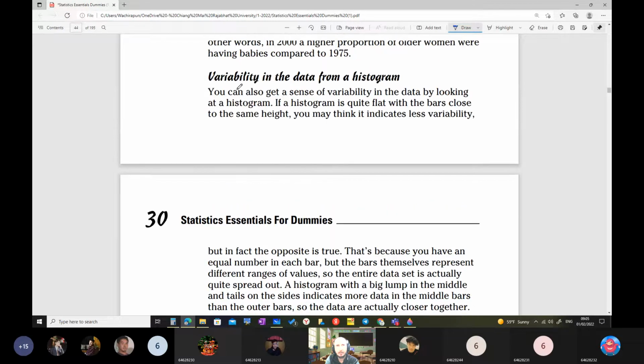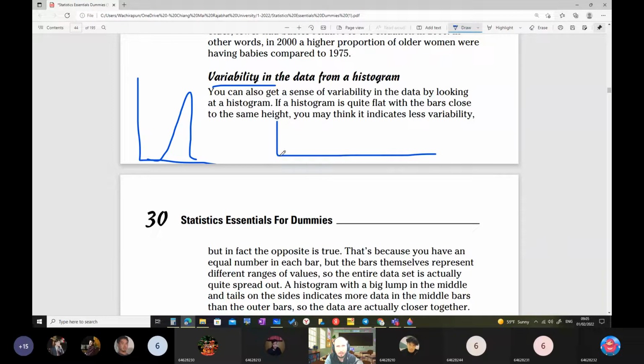Okay, variability of data. How variable the data is. Are they all together? Look, one data will be like this. So it means all women have babies, more or less at the same age.